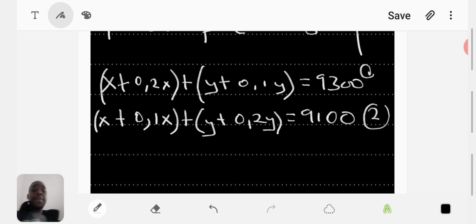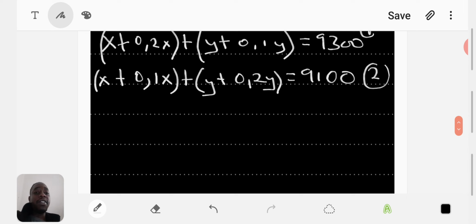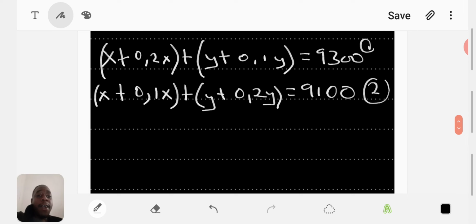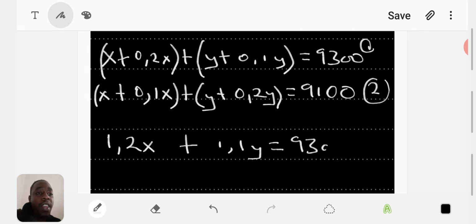Okay, there we go. We have our two equations now, and our next step is to simplify them. x plus 0.2x will be 1.2x, plus 1.1y equals 9,300.